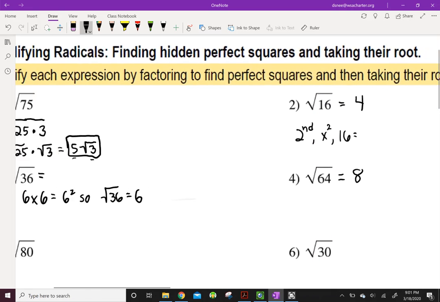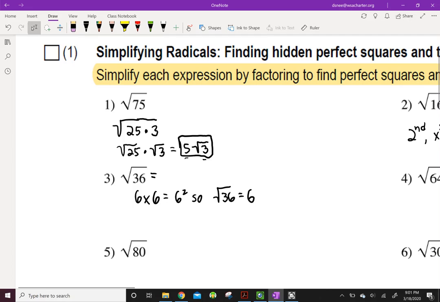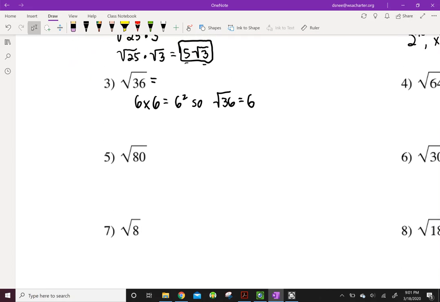Okay, over here, oh, we did that one. How about the square root of 80? That is not a perfect square. However, I can take a perfect square out of there. I can divide 80 by 4. Let's try it. 80 divided by 4 equals 20. Well, I can take another perfect square out of there, so I'm going to keep going.